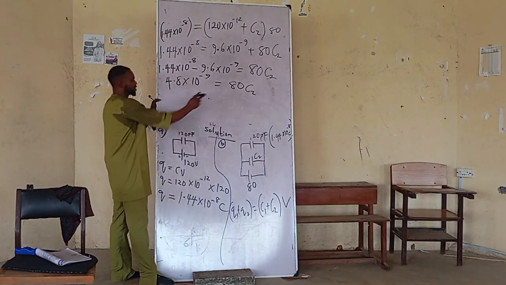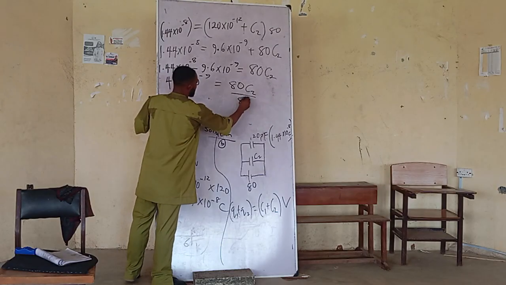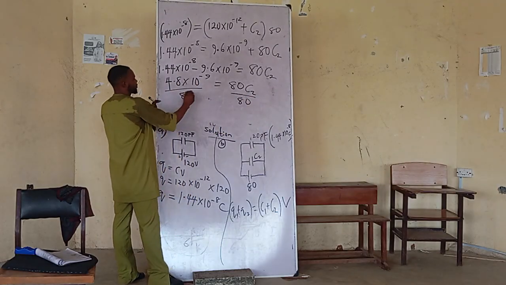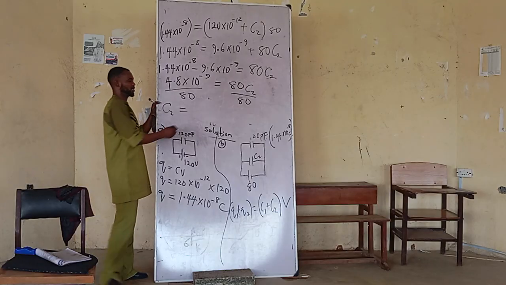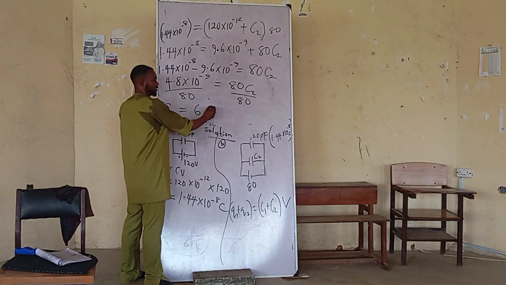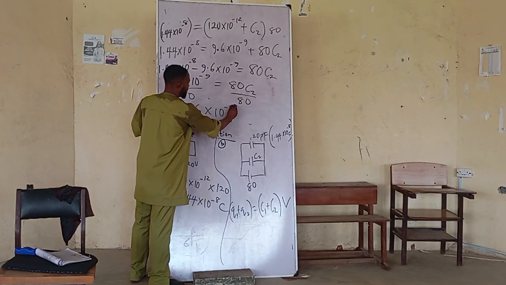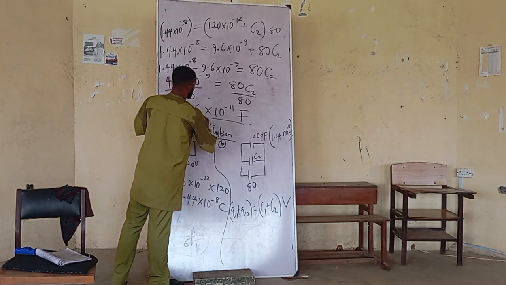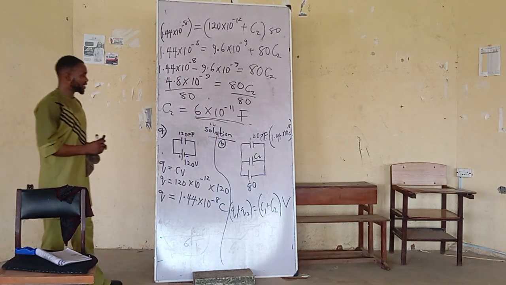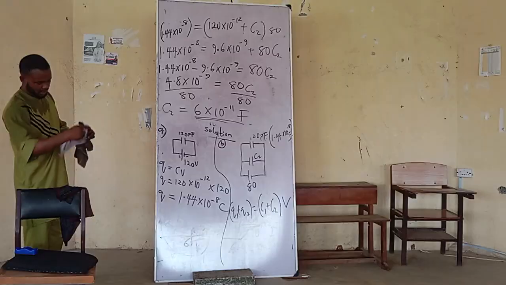So now to find the capacitor, the second capacitor C2, I divide by 80 to get C2, which is 6 times 10 to the minus 11 in farad.